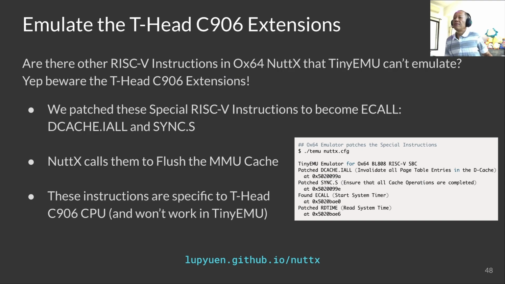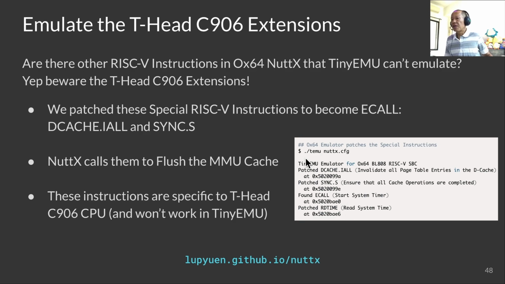We talked about emulating the time CSR register because TinyEMU doesn't support it. Is there anything else that TinyEMU can't handle? Yep, inside the BL808 SoC is the T-Head C906 CPU. NuttX for Ox64 will call these special RISC-V instructions to flush the memory cache for the C906 RISC-V CPU, dcache.ciall and sync.s, which come from the T-Head extensions and won't work in TinyEMU.